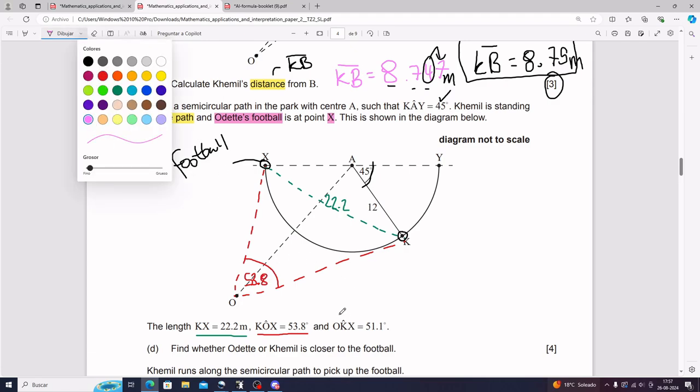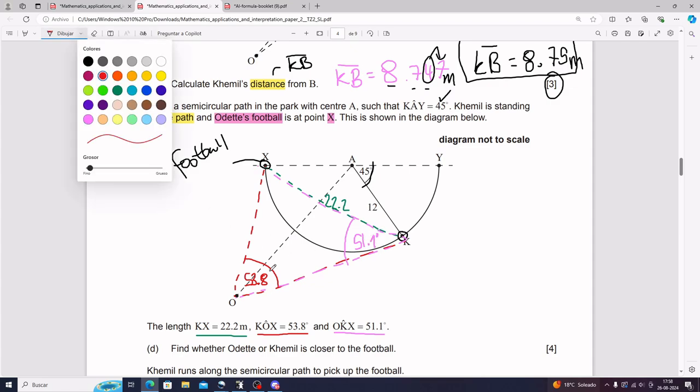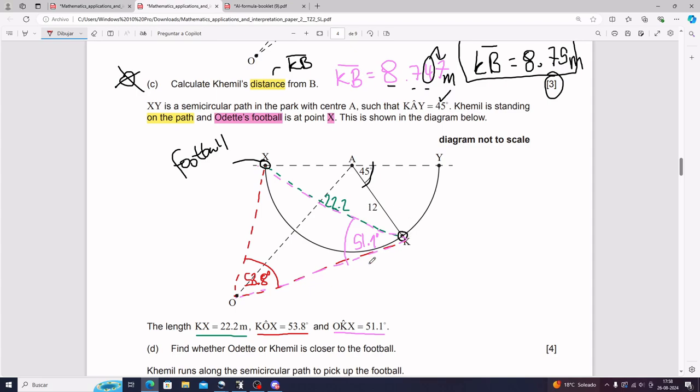And what I will be putting in pink, angle OKX, this angle here has to be 51.1. Alright, so now I made sure that everything was in my diagram. It usually is, but notice for part D it wasn't. So always check the information that they give you. Make sure it's in your diagram so that you can visualize it all a little bit better.